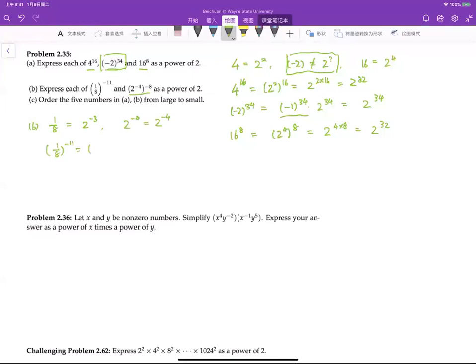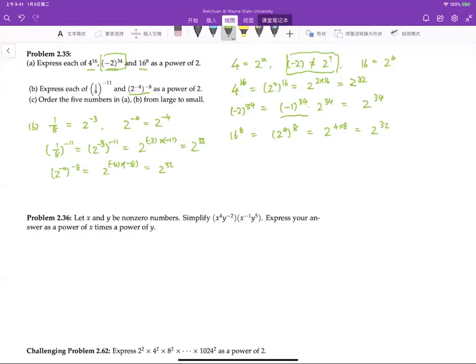That's equal to 2 to the negative 3 to the negative 11, which is 2 to the negative 3 times negative 11. And for the next one, we just apply the property directly. So we get 2 to the 32.